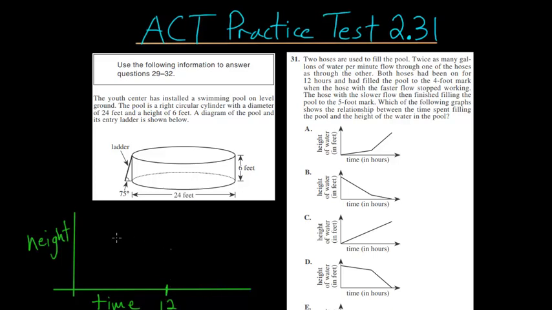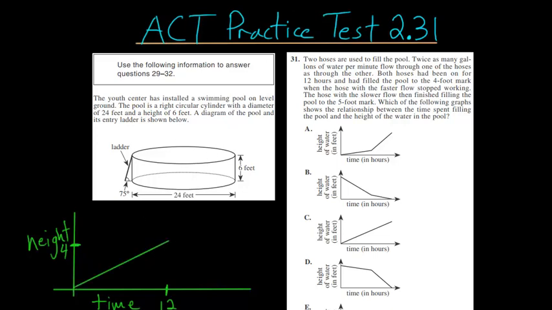So at this time, we're also at the 4 feet mark for the depth of the pool water, but at this 12-hour mark, only the slower filling hose is working. So you can imagine that for these first 12 hours, the pool is just gradually filling up at the same rate. So it might look something like this.